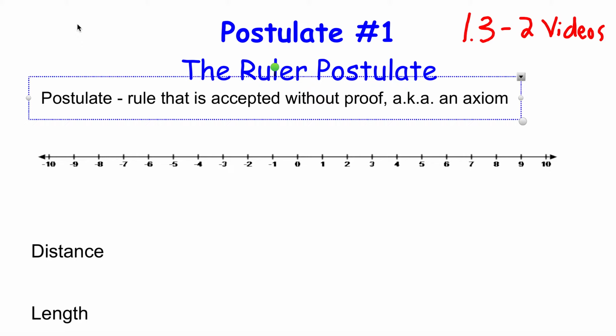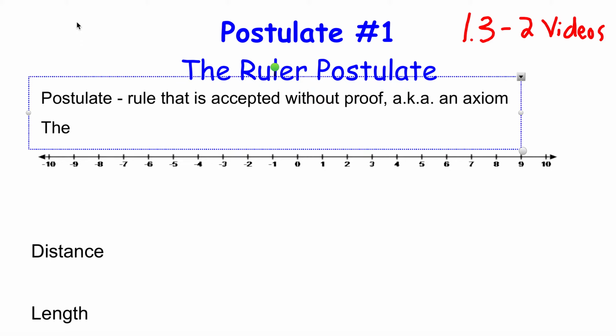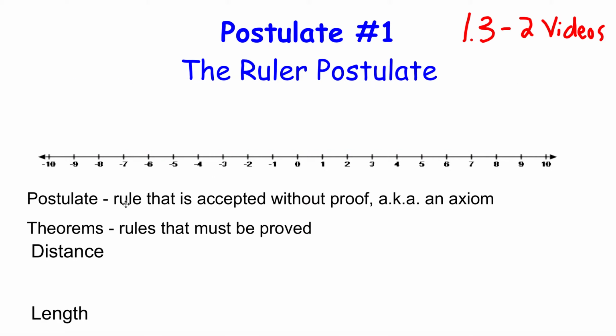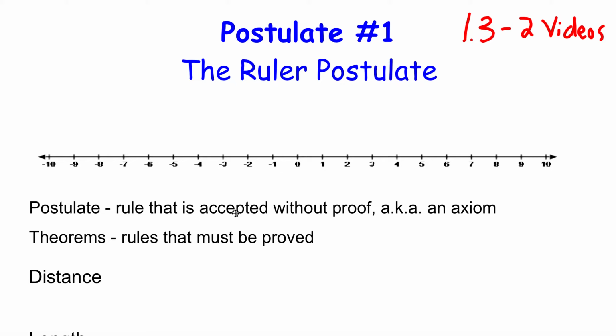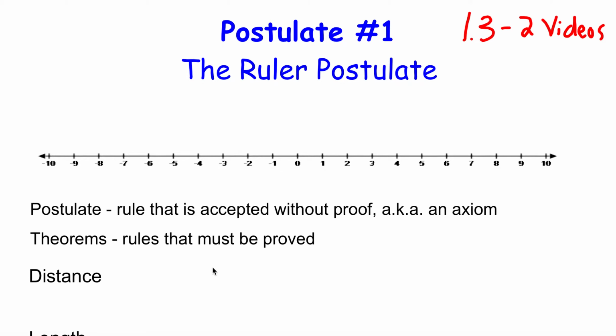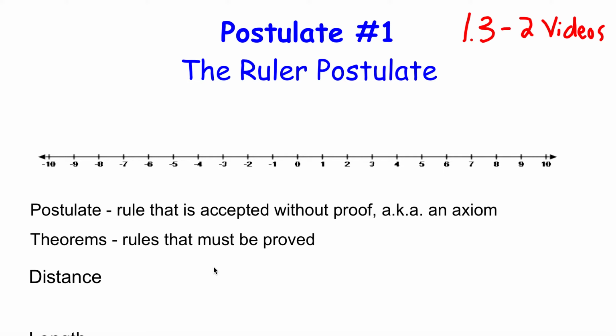As we talked about before, rules that have to be proved are theorems. You can put that on your definition sheet as well. Postulates are a rule that is accepted without proof, and a theorem is a rule that must be proved. So think about that for just a second. In other words, a postulate is a rule that's so obvious, it makes so much sense that we don't have to go to the length to prove it. We just accept it as true.